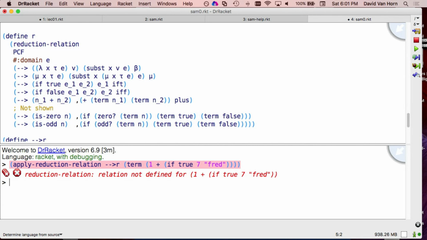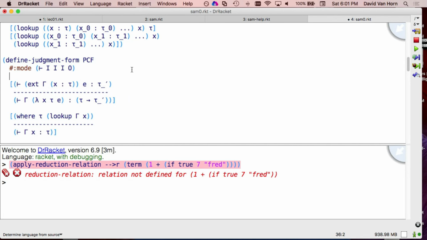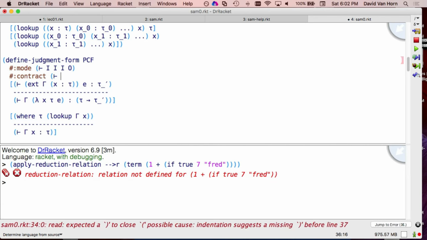It's not statically checked, but it is checking this as I run it. It turns out the way that this is implemented under the hood is with contracts. All right. I can do the same for all of my other judgments as well. So I can declare a contract on the typing judgment.